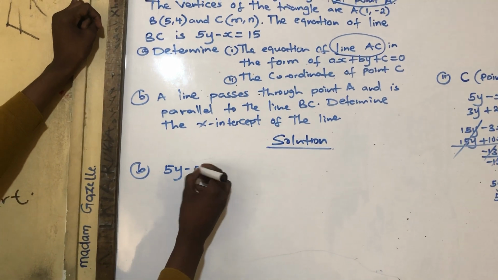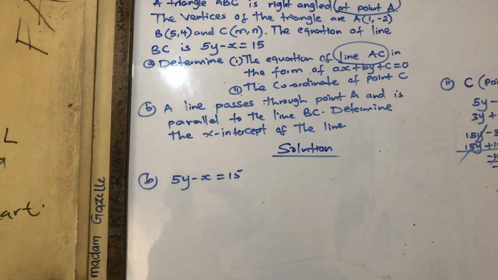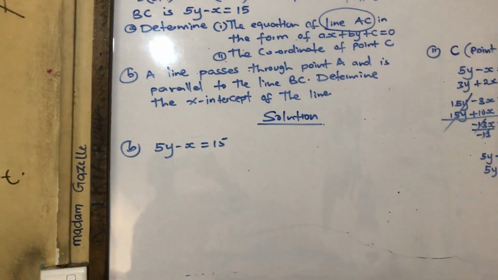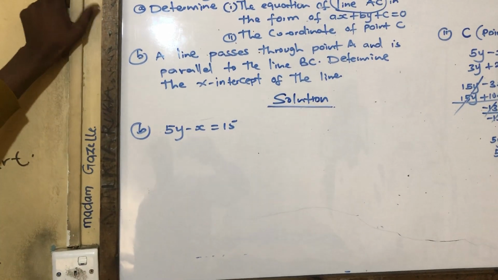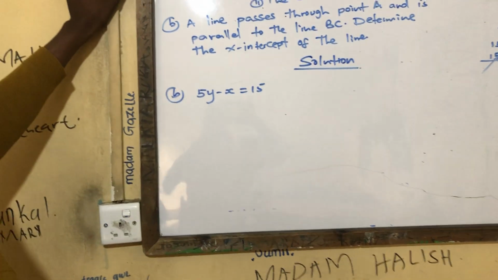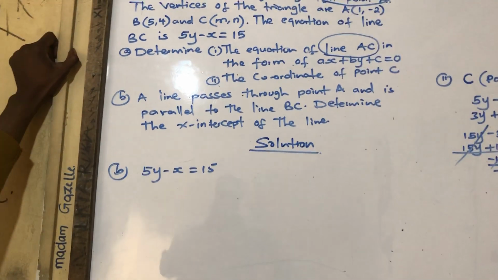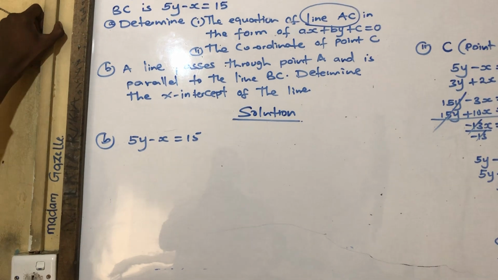5y minus x is equal to 15. A student is required to start by obtaining the gradient. How will that be done? This equation should be represented in the form y is equal to mx plus c.